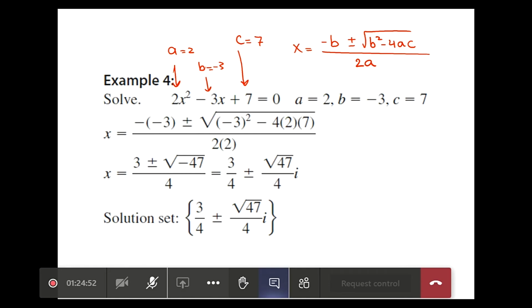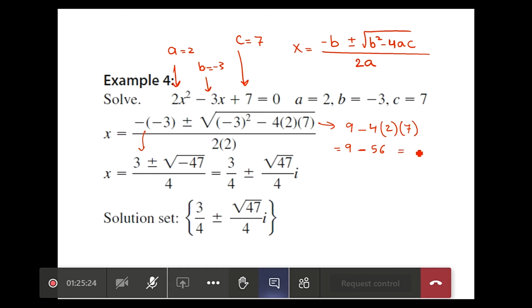Look at this, -3, we have a 3, and inside the discriminant b squared equals 9 minus 4, always 4, this is from the formula, multiply by a which is 2, multiply by 7, this is the c. So we have 9 minus 4 multiply 2, 8, 8 multiply 7, we have 56.